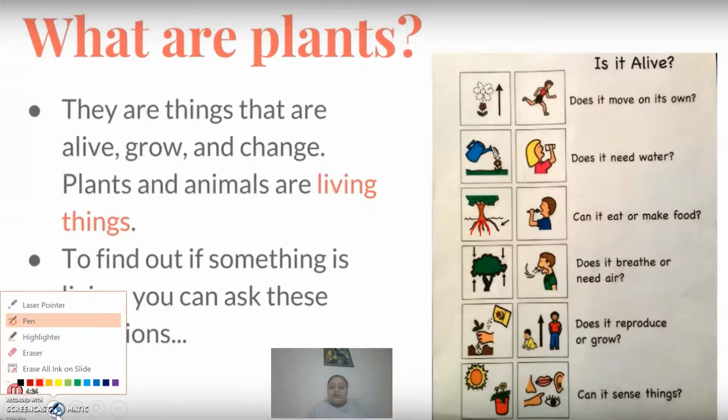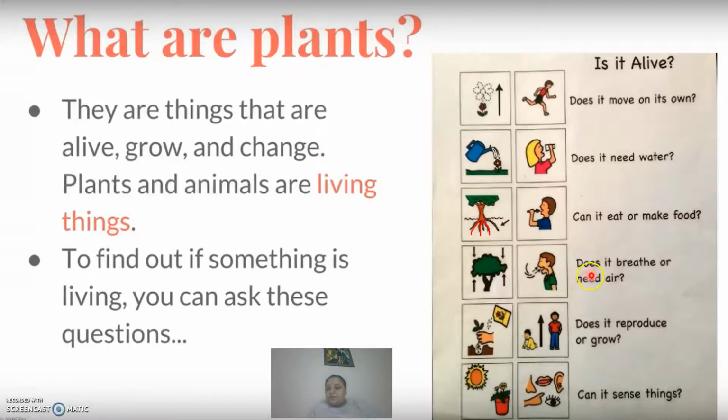Now next question is, does it breathe or need air? Like we need air to survive. Plants also need air. They take in carbon dioxide from the environment. Next is, does it reproduce or grow? Yes, plants, you put them in the soil, they are small, but then they grow into big trees.